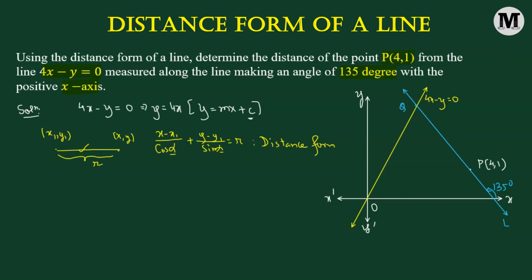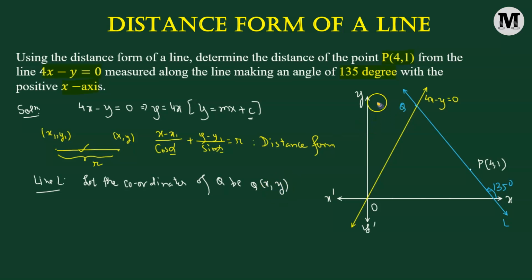Okay, fine. Now coming to our problem, we're going to apply the distance form to the line L, since the line L passes through the point P and the point Q. So here let the coordinates of Q be x, y.